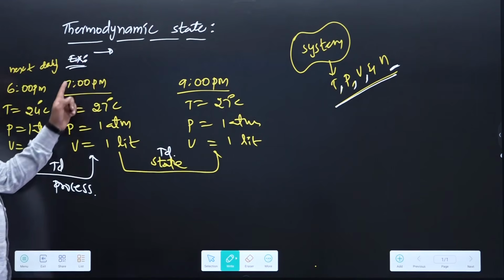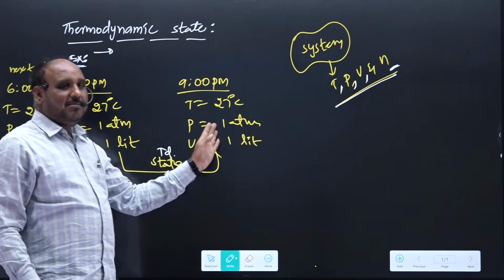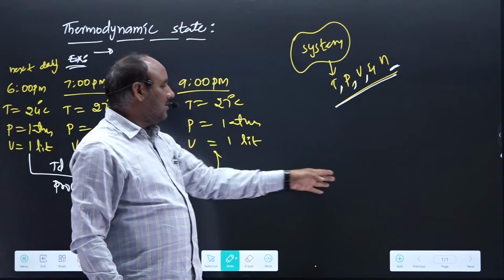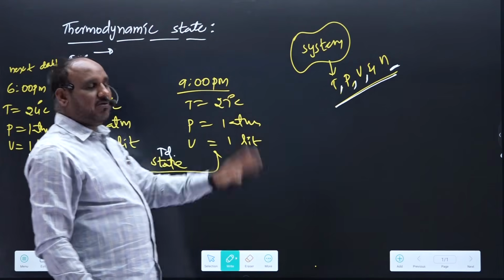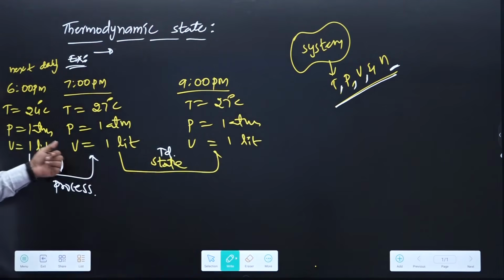What you have to do is take 7 pm, 9 pm, then next day 6 pm here. So if this changes, we have to write it. If the properties do not change, this is the thermodynamic state. If changes are there, it is a thermodynamic process, right?